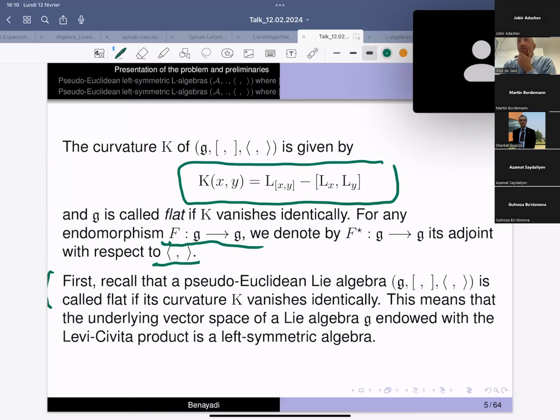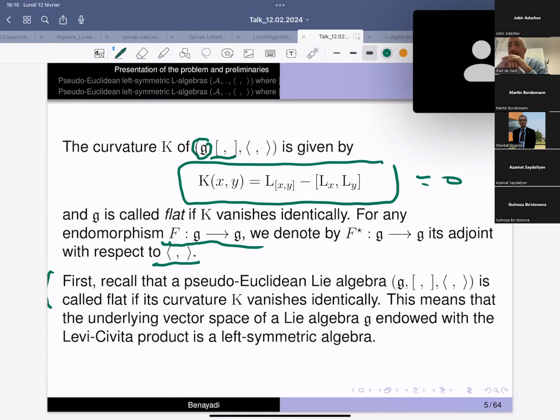In this case, you have the vector space with the bracket, so we have a Lie algebra, but if we consider the same vector space with the new product, the Levi-Civita product, we obtain a left-symmetric algebra if the curvature is zero.